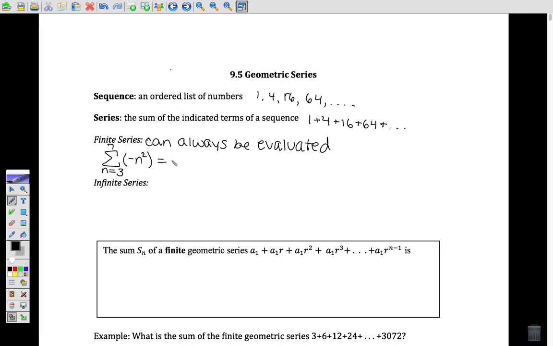So we would plug in 3 and get -9, plug in 4 and get -16, plug in 5 and get -25, plug in 6 and plug in 7, and then we can get an actual value for that sum. An infinite series, on the other hand, can sometimes be evaluated.